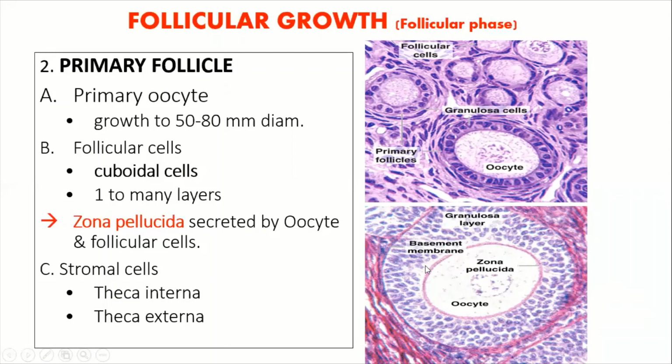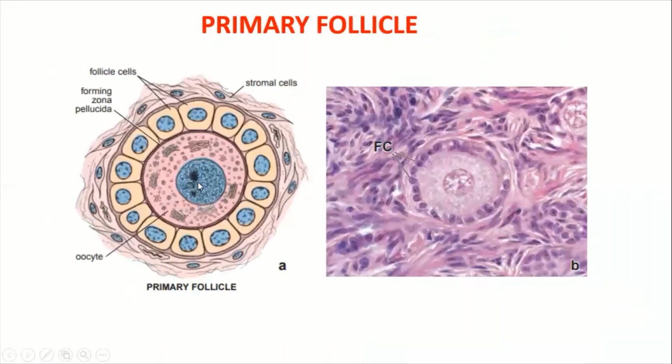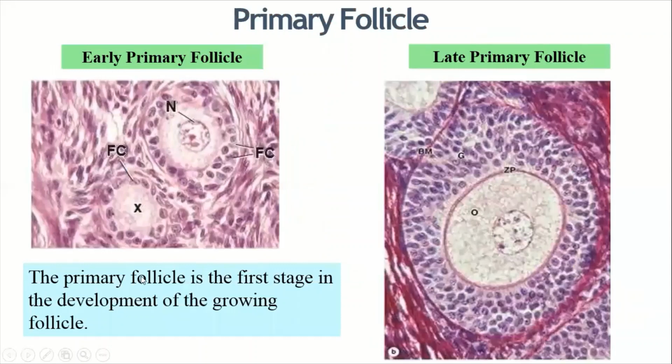This eosinophilic structure is called the zona pellucida. Now we can see the simple cuboidal epithelium of the primary follicle very clearly, surrounded by theca cells or stromal cells. The early primary follicle has a single layer of cells. When we have more than 2 layers of cells, it is called a late primary follicle. The primary follicle is the first stage in the development of the growing follicle.